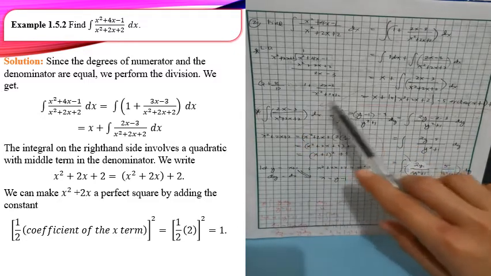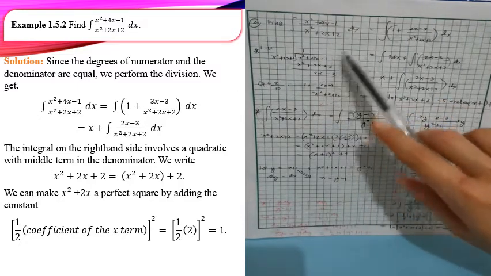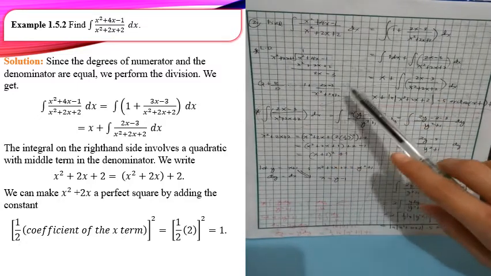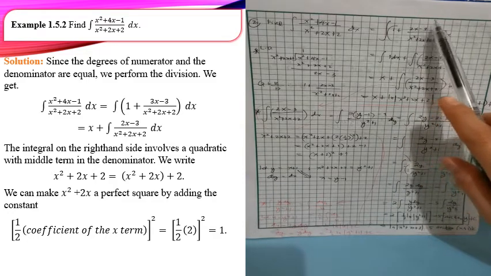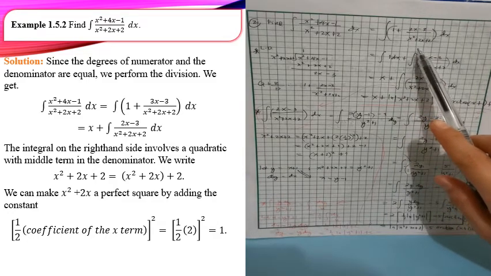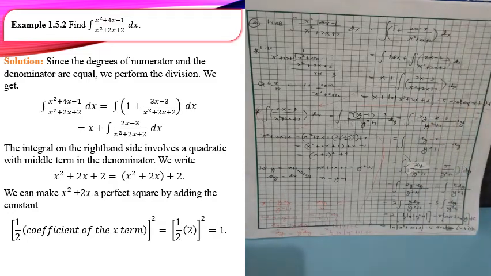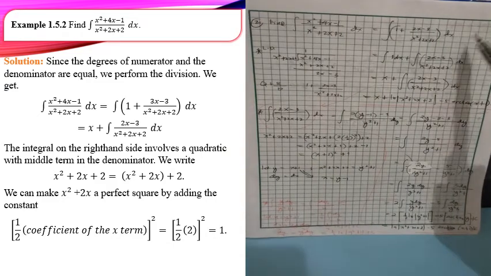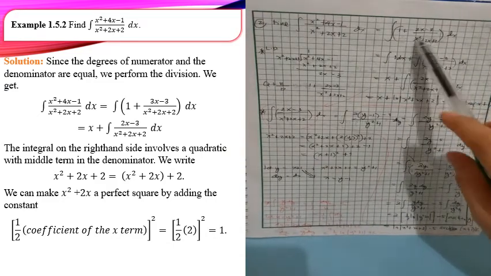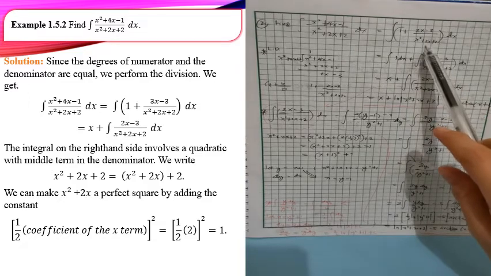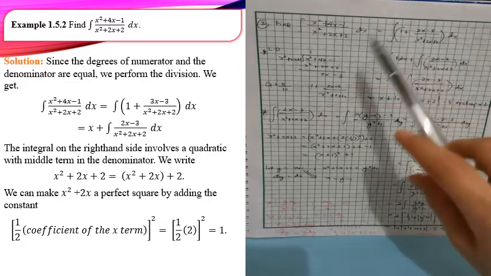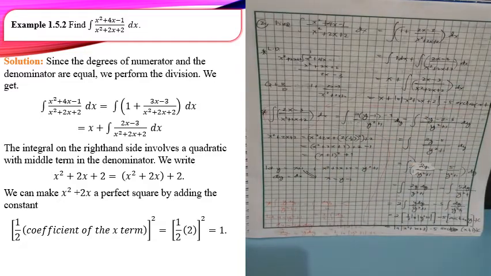So, it implies that our given integrand is equal to 1 plus 2x minus 3 over x squared plus 2x plus 2. If you notice, only one quadratic function is left here, so we can proceed using completing the square.